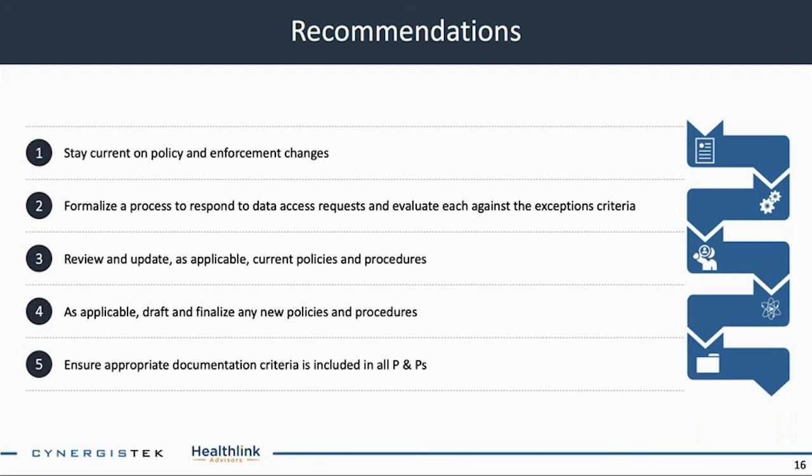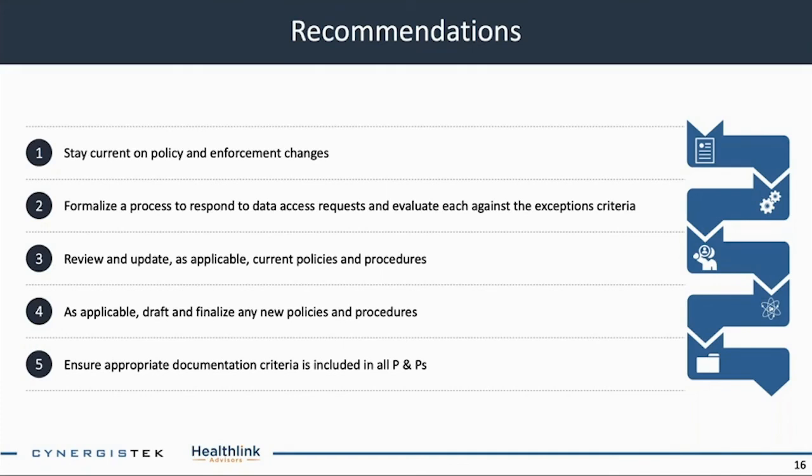Formalize a process to respond to any data access requests and evaluating those against each of the exception criteria that's under the information blocking rule. Review and update as applicable any current policies or procedures that may be relevant here. So you're going to have to do a broad swipe of your policies and procedures to ensure you've identified all those that might be impacted, and if needed, made any appropriate updates.